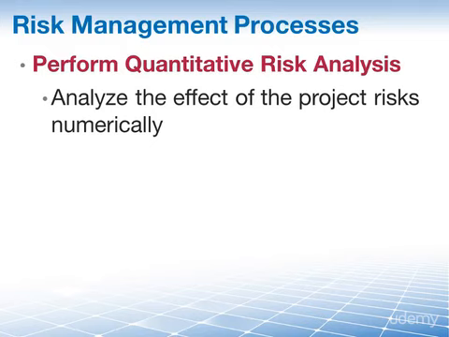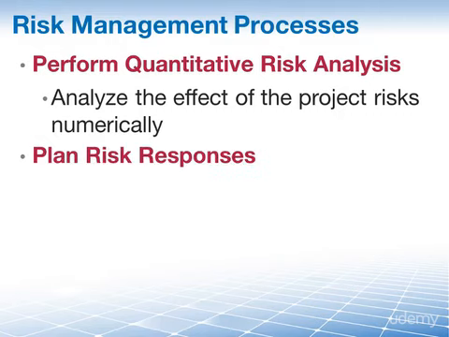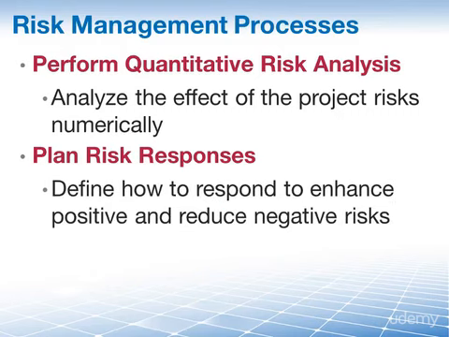Now that we know all about our risks and how they will affect our project, we want to plan risk responses. What are we going to do about all of these risks that we have? This is the process of developing options and actions to enhance opportunities and to reduce threats to project objectives.